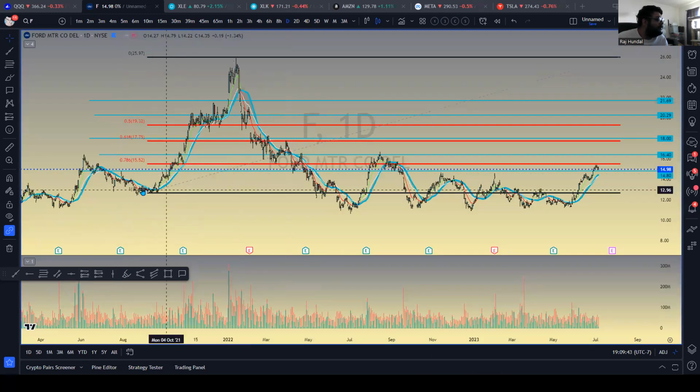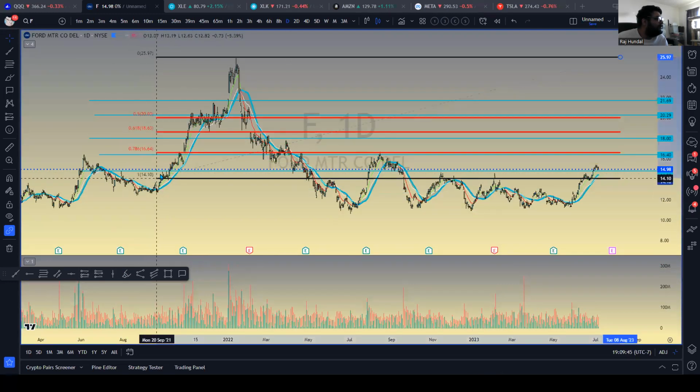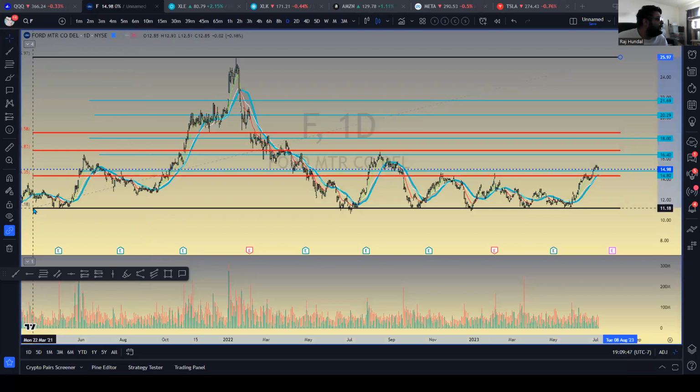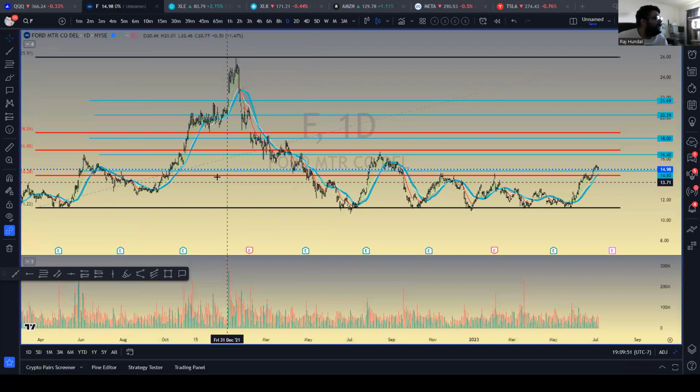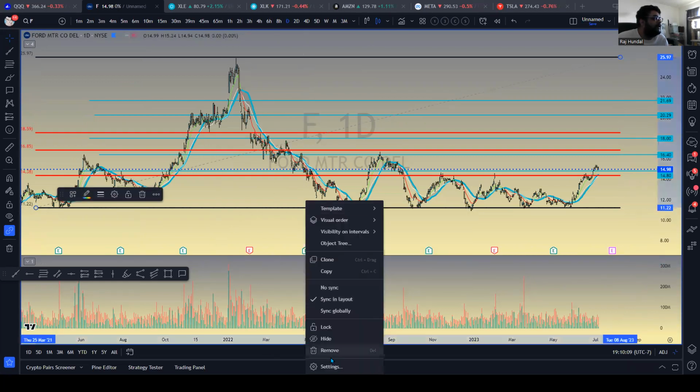Well, either way, I have these levels here as an opposing Fibonacci, just so I know where the downtrend Fibonacci levels are. I know 14.80 is the 0.5. I know 16.40 is the 0.618. I know 18 bucks is the 0.786 of the overall downtrend.